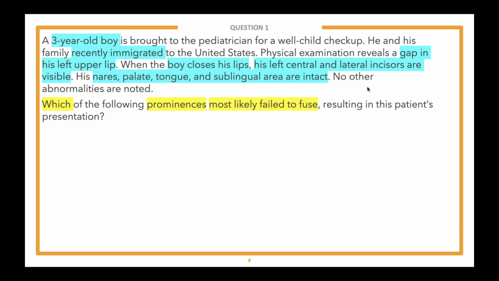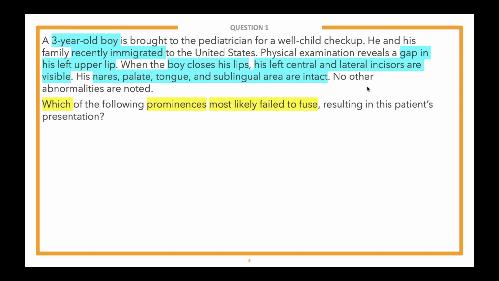Then they give us some social history here, especially about being a recent immigrant, so that's obviously going to be important. Whenever they give you important social history like that, it's always important to make note of it. Then they give us some important physical exam findings, and those are important to make note of as well. Then they're asking us which prominences most likely failed to fuse.